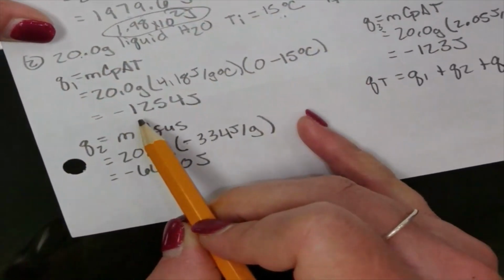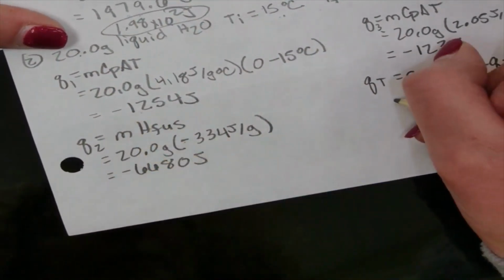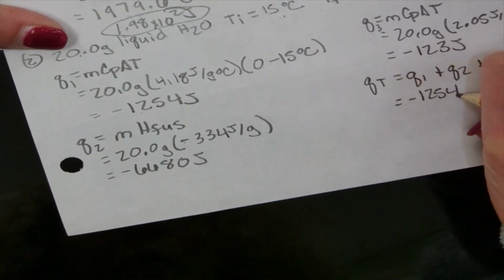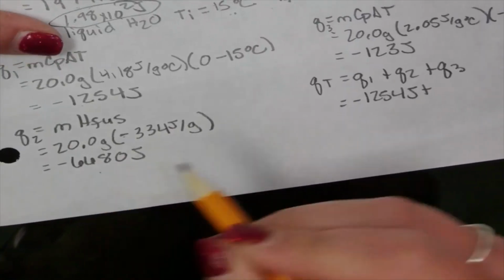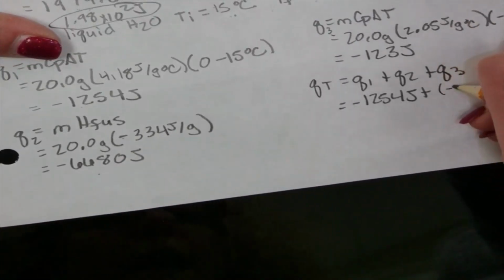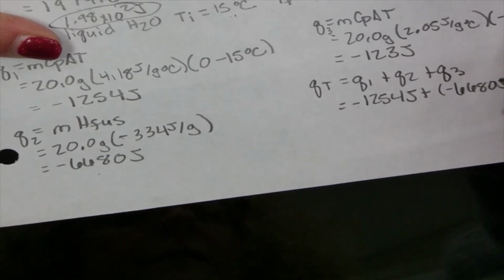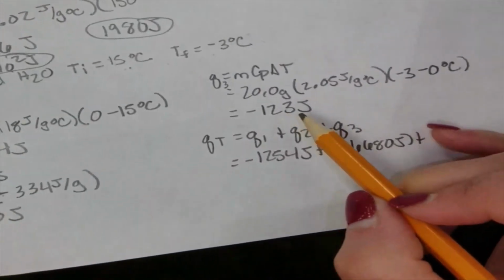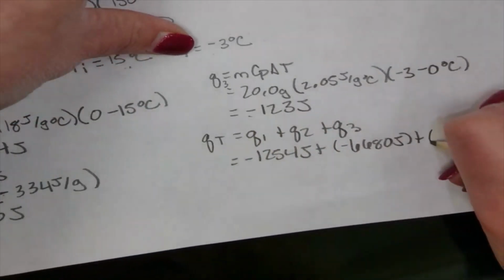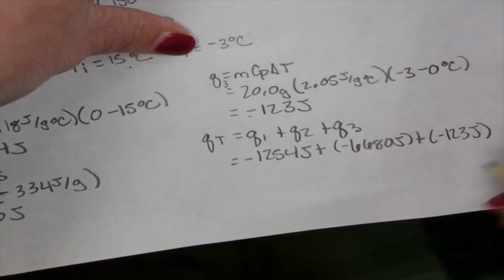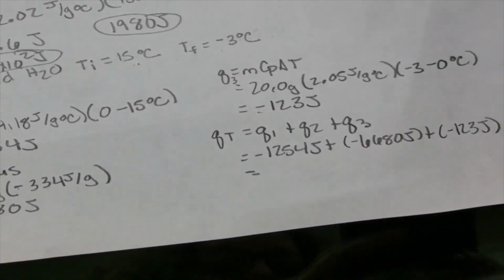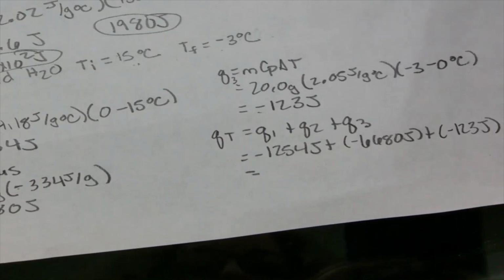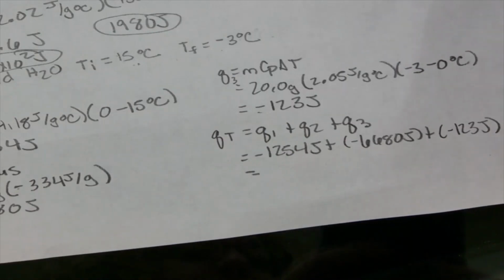So I'm going to simply say negative 1254 joules plus negative 6680 joules plus negative 123 joules. And I'm going to just add all of those into my calculator. So I'm going to do 1254 plus 6680 and the 123.